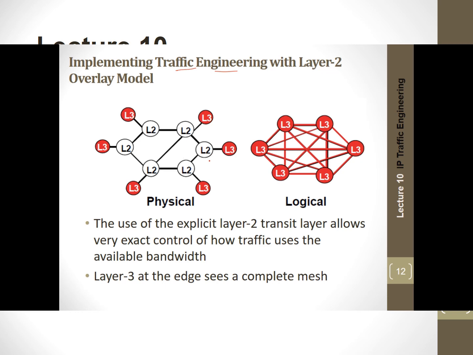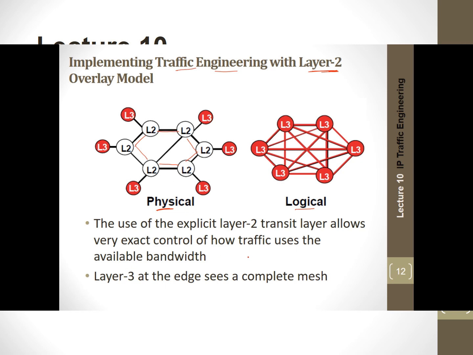So here they are telling us this is the physical view of layer 2, and then this is the logical view. Let's read this. It says the use of an explicit layer 2 transit layer allows very exact control of how traffic uses the available bandwidth. So this explicit control of layer 2, these are the routers.